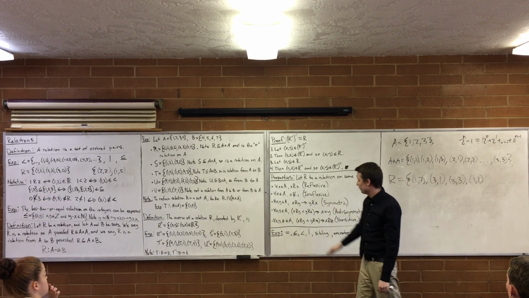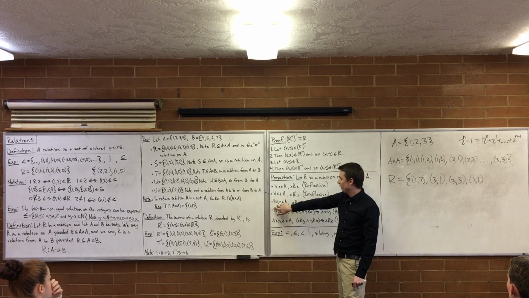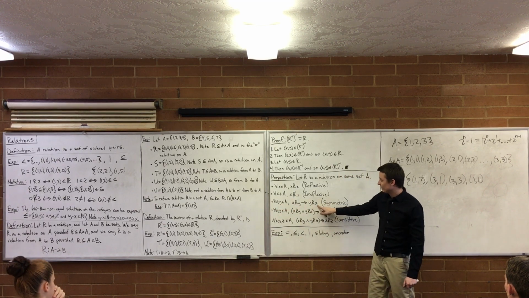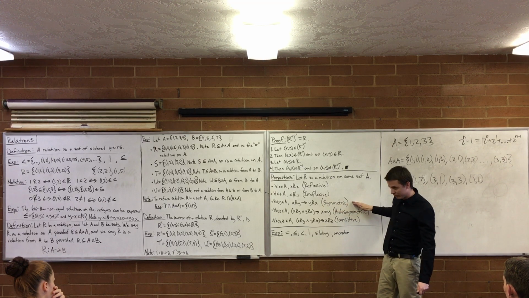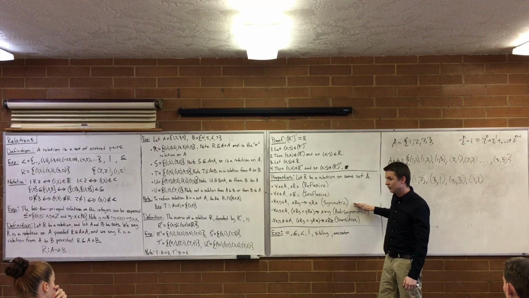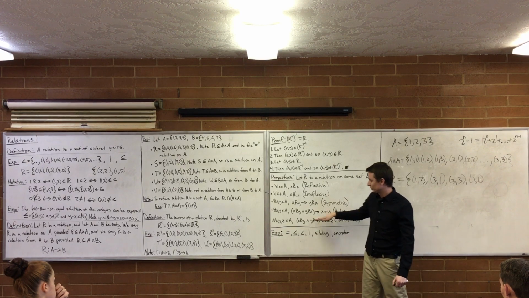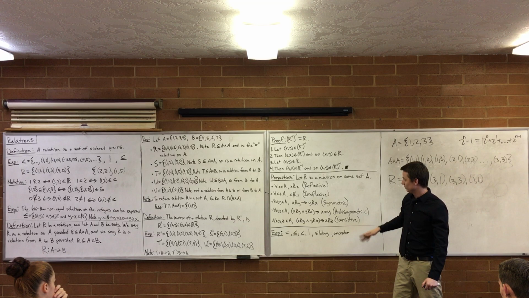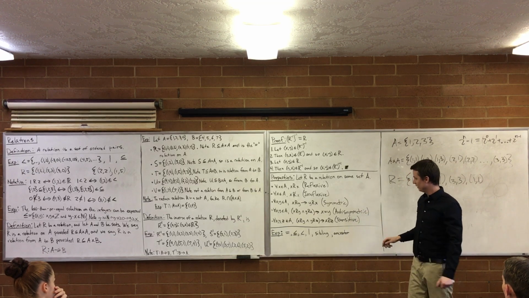Next one is called symmetric. So if you take two elements, x and y, if anytime x is related to y, y is related to x, we call it symmetric. We'll get a better feel for these as we go through examples, but just try the best you can to wrap your head around these, and we'll go over a few examples, seeing what properties they have.